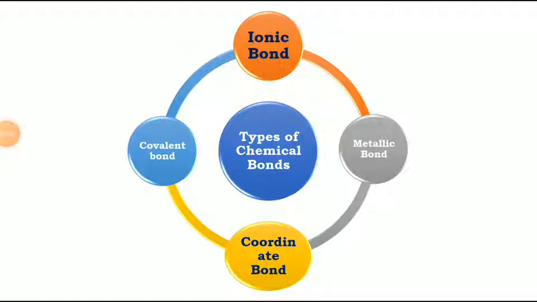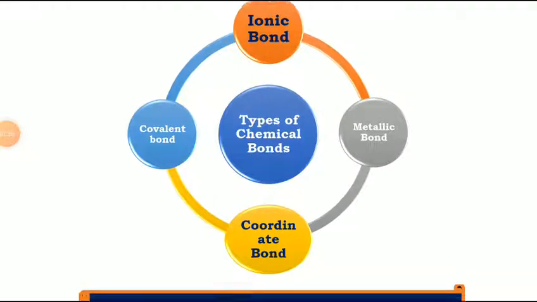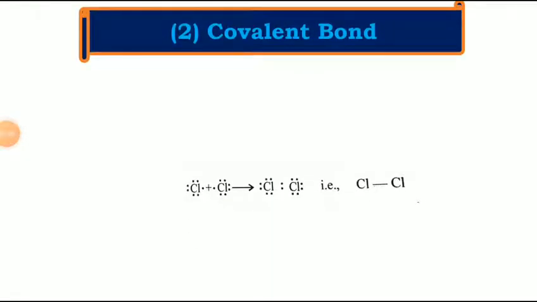In detail, first will be the covalent bond. This covalent bond was told by the scientist Lewis, who gave three examples while explaining it.